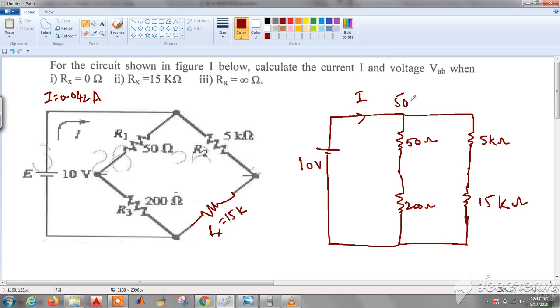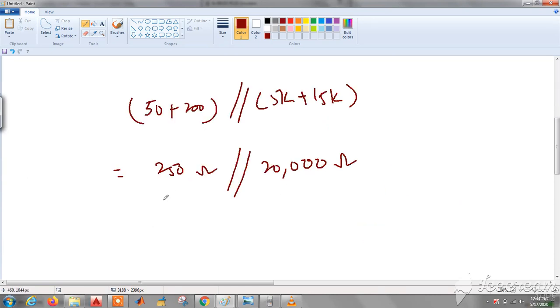So 50 plus 200 ohms are in parallel with 5 kilo ohm and 15 kilo ohm connected in series, that is 5 kilo plus 15 kilo ohms. So this will give us the equivalent resistance of these four resistances. It is the same as 250 ohms in parallel with 20,000 or 20 kilo ohms.